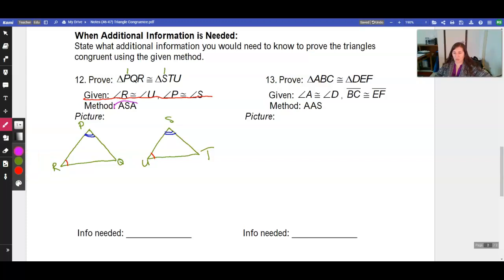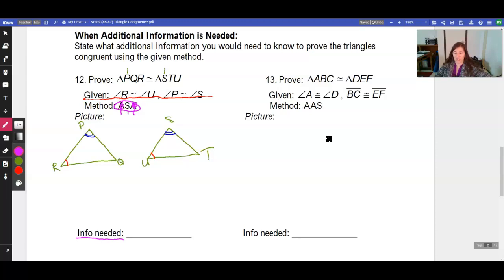It says we want to prove it by angle, side, angle, and then we're going to need something else. So what else do we need to be able to say that angle, side, angle works? Okay. Well, we have two angles, so the thing that we need left is the side in the middle of those angles, because the S is in the middle of the two A's.